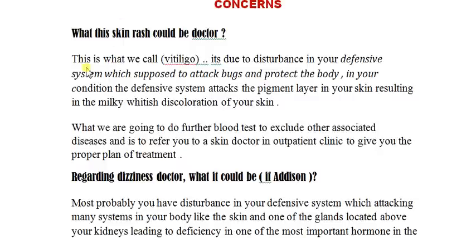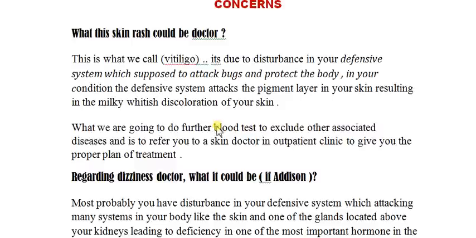At that time, your reply will be, most probably you have a condition called vitiligo. It is due to disturbance in your defensive system, which is supposed to attack the bugs and protect the body. In your condition, the defensive system attacks the pigment layer in your skin, resulting in the milky white discoloration of your skin. It may be associated also with other diseases.